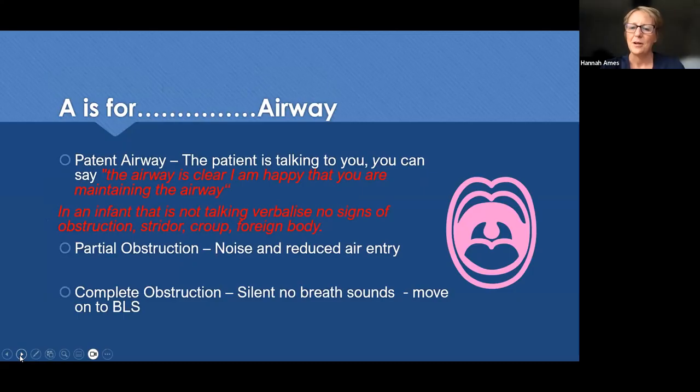If your child is talking to you, you can confirm that the airway is clear, that there are no visual obstructions. You could ask them to cough or open their mouth as well, and just confirm that the airway is clear. If your scenario involves an infant that's not talking, just verbalise there are no signs of obstruction, no stridor, no croup, no foreign body, and you're happy that the airway is patent.